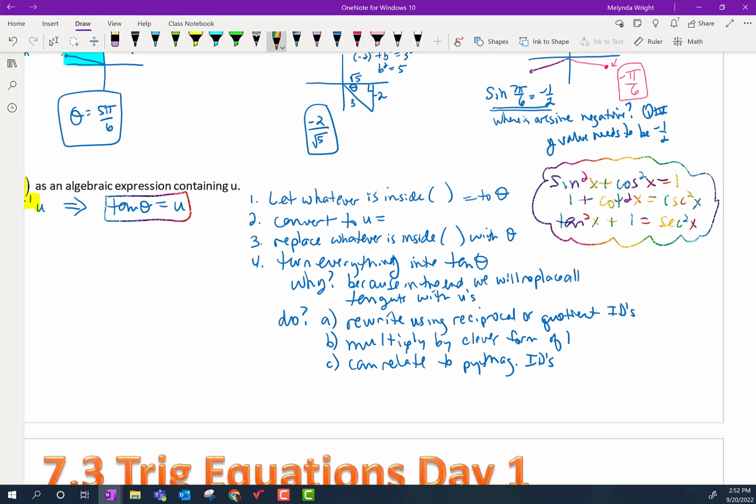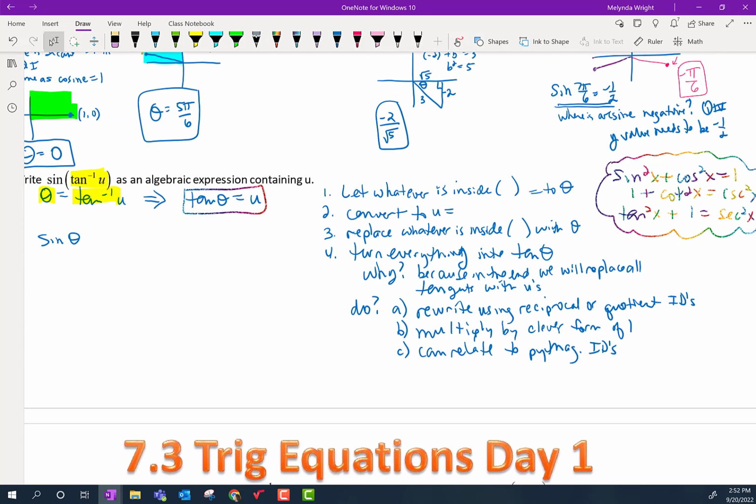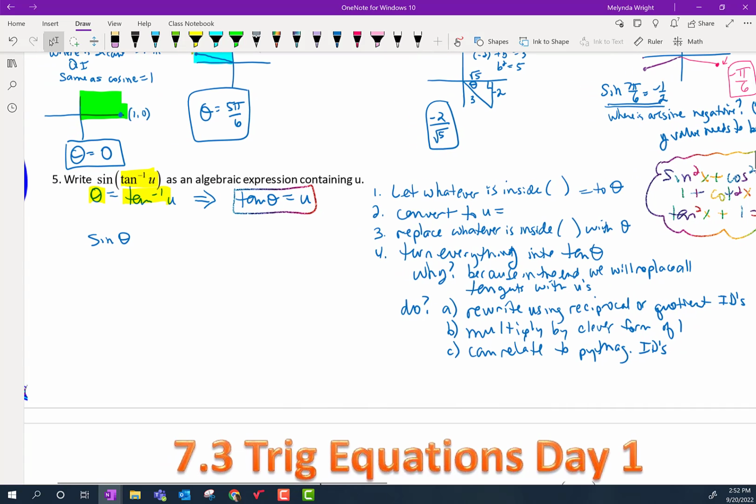So let's look at what we have and see what we should do. Rewriting sine as 1 over cosecant, I don't see that helps me get to a tangent. I need tangent. That's what I need. Now I have that bracketed. I know tangent is sine over cosine, so probably doing step B, multiply by a clever form of 1.